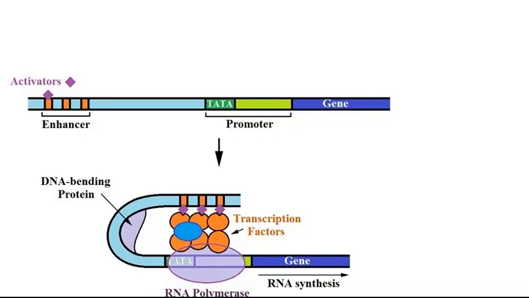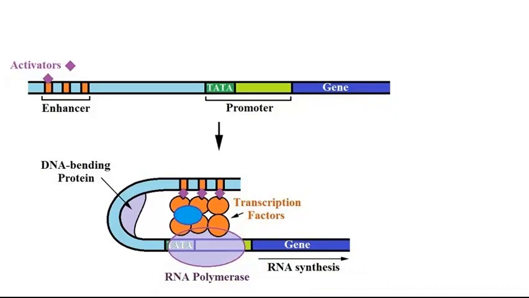So in eukaryotes, we have a DNA sequence called promoter, and it's actually the site that all the transcription factors, like for instance RNA polymerase, can bind to.